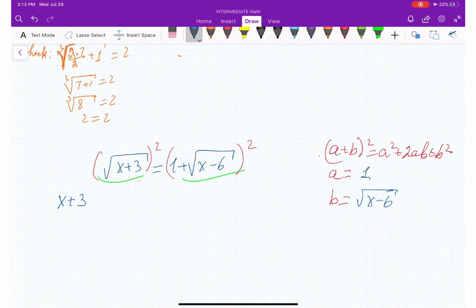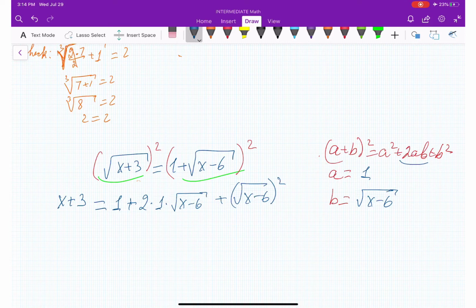So x plus 3 is equal to a squared, which is going to be 1 squared, plus 2ab, twice times 1 and then times square root of x minus 6, plus square root of x minus 6 squared, right?